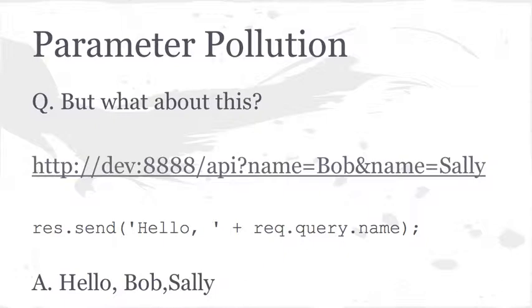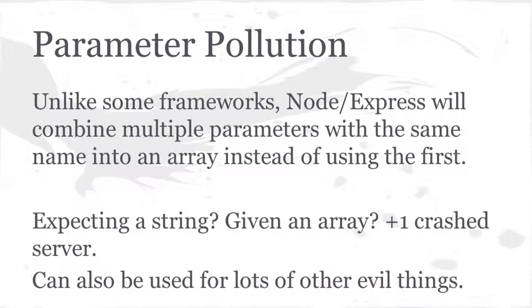Whereas previously name was the string Bob, you now have an array containing both Bob and Sally. So what does parameter pollution mean? Well, some frameworks keep only the first element or only the last element, and they always return it as a string. But Node and Express will combine multiple parameters with the same name into an array instead of using just the first parameter.